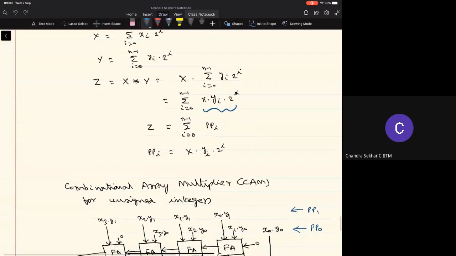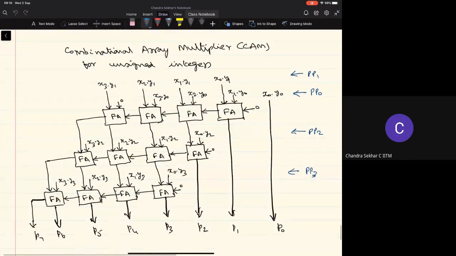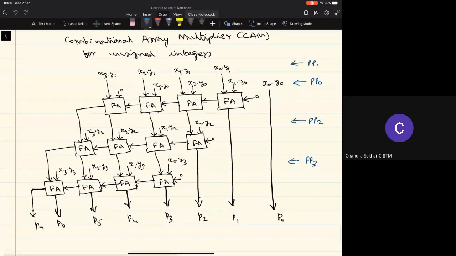So when we translate this operation into a circuit, it will be referred to as the combinational array multiplier circuit, because the whole multiplication operation is being realized using only combinational circuit elements. That's basically the logic gates. So I have already drawn the circuit diagram here. I want you to look at this diagram and understand what is being done in this circuit.